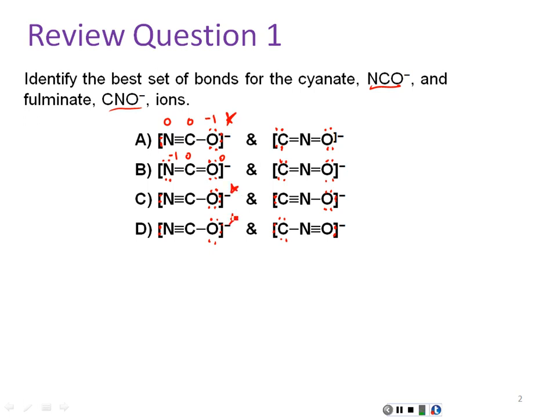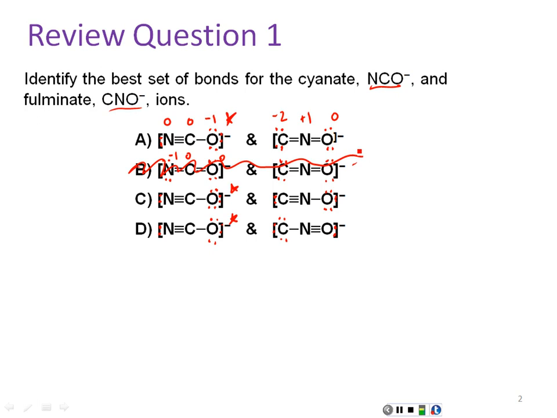Okay, now we're going to need to look at the fulminate ion. So the top structure, carbon will have a -2 formal charge, nitrogen a +1, oxygen 0. That's the same structure as shown in B, but we know B is not a good choice because the structure of cyanate is not as good as in the other choices.